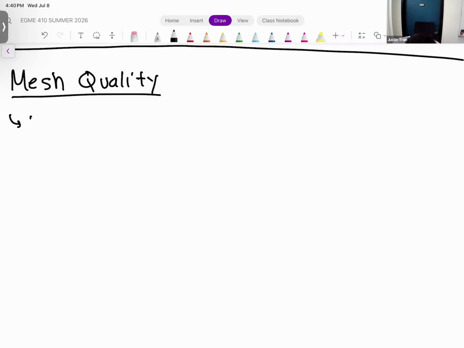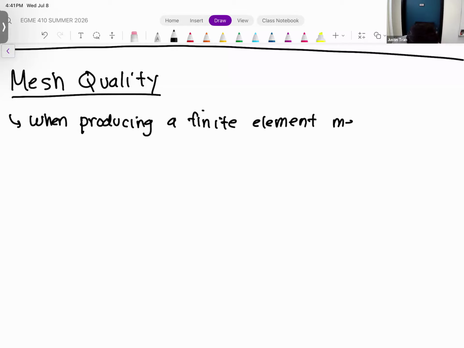So when we produce a mesh, no matter the type of geometry, and this occurs even for the simplest of geometries, what tends to happen is that there are some elements that get produced that may have a distorted shape.